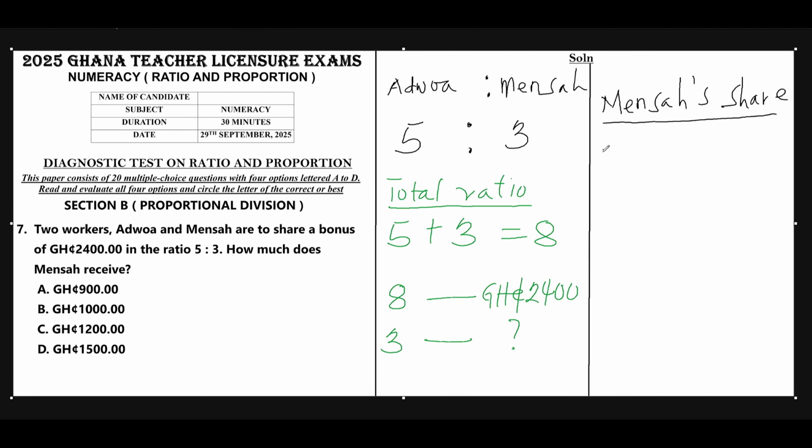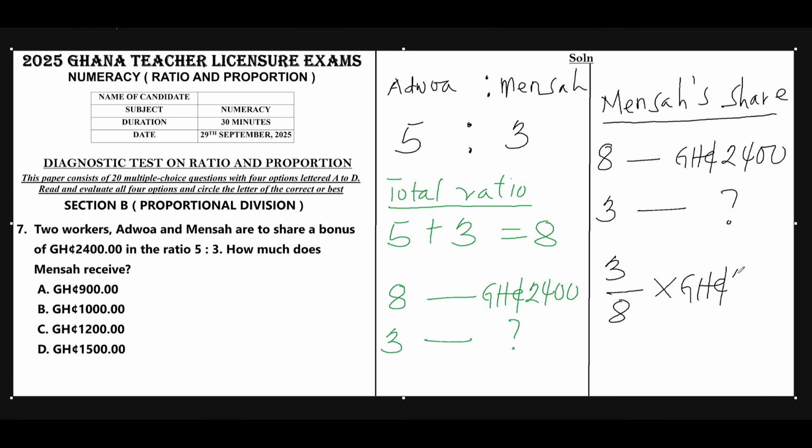So as we said, if the total ratio 8 is giving us 2,400 Ghana cedis, then Mensah's ratio, which is 3, must also give us an amount of money in Ghana cedis. So applying proportion, if less, then more will divide. So we have 3 out of 8 multiplied by 2,400.